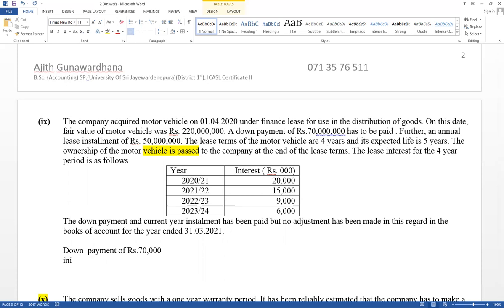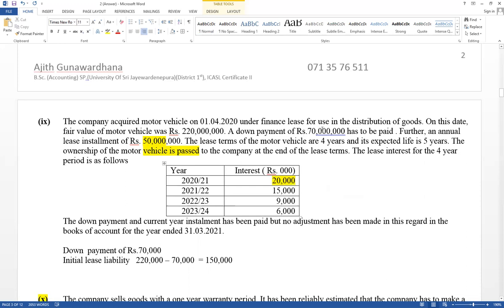Therefore, initial lease liability equals 220,000 minus 70,000, which is 150,000. Then the installment equals 50,000, and the current year lease interest equals 20,000.